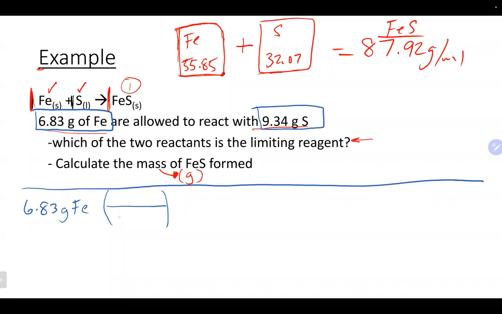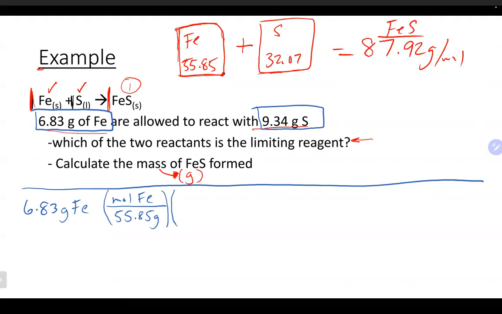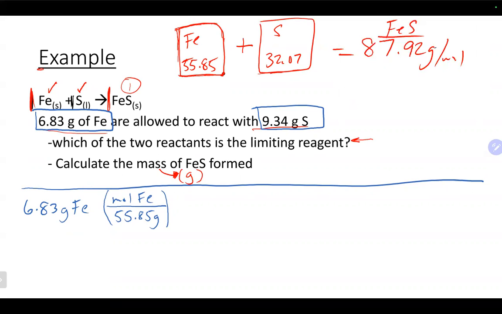We would convert this into moles using the molar mass, 55.85 grams per mole of iron. Obviously we would get our moles that we started with, 6.83 divided by 55.85, gets you our 0.122 moles of iron.